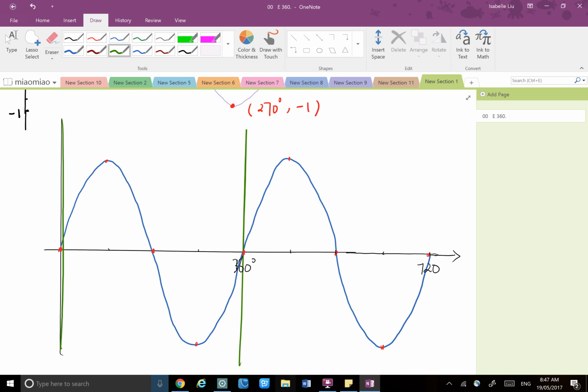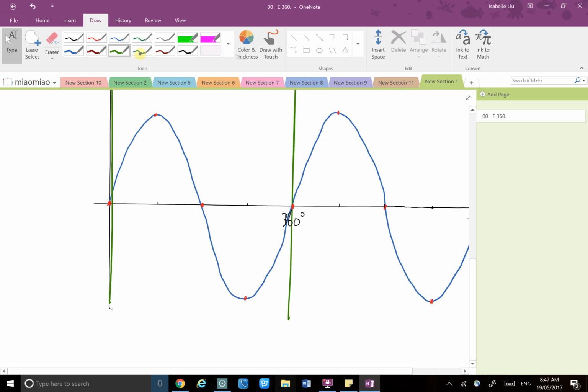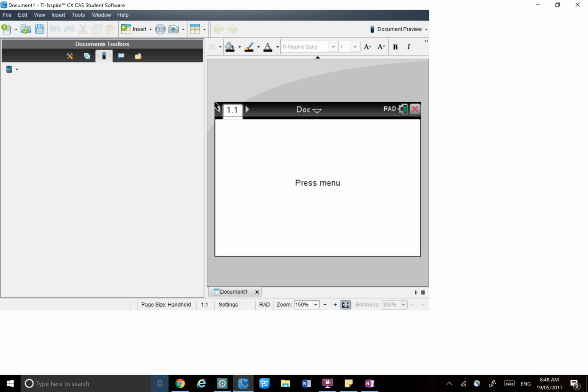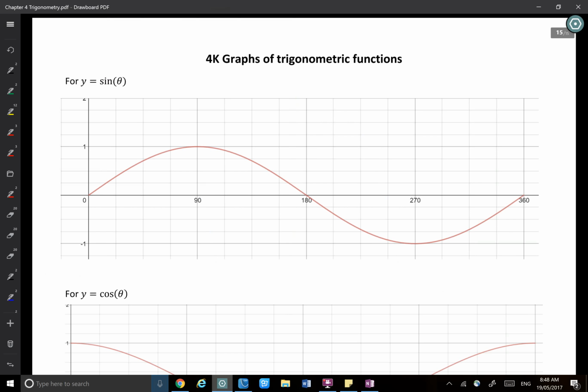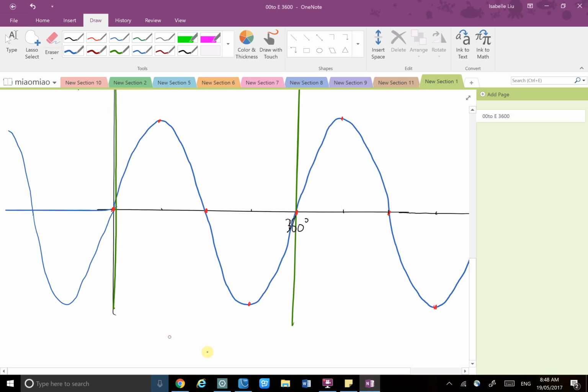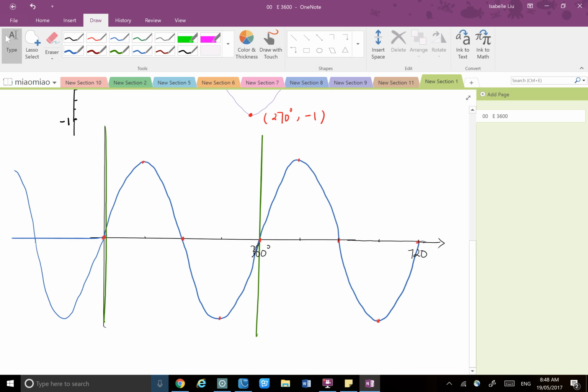So this graph never ends, with infinitely many values. You just keep going with this shape. And you can also go to the left-hand side, something like that. So that's my sine graph. It can keep going, but we only think about the graph from 0 to 360 degrees.